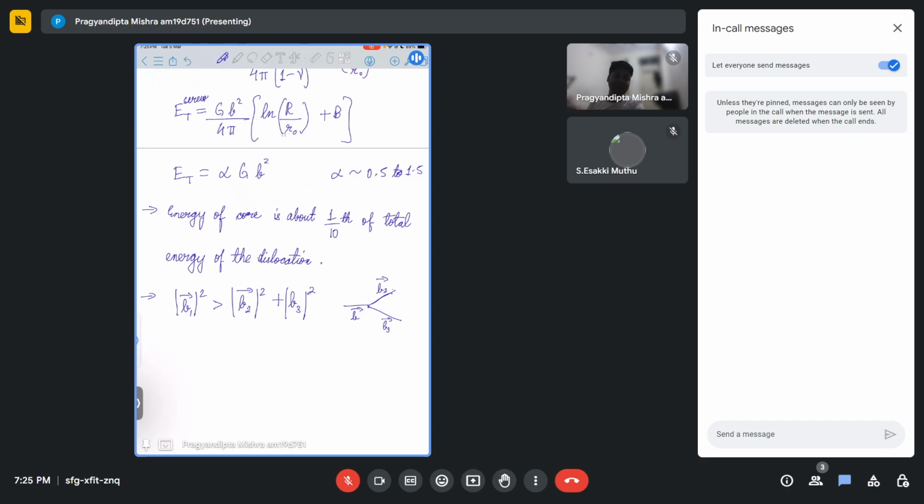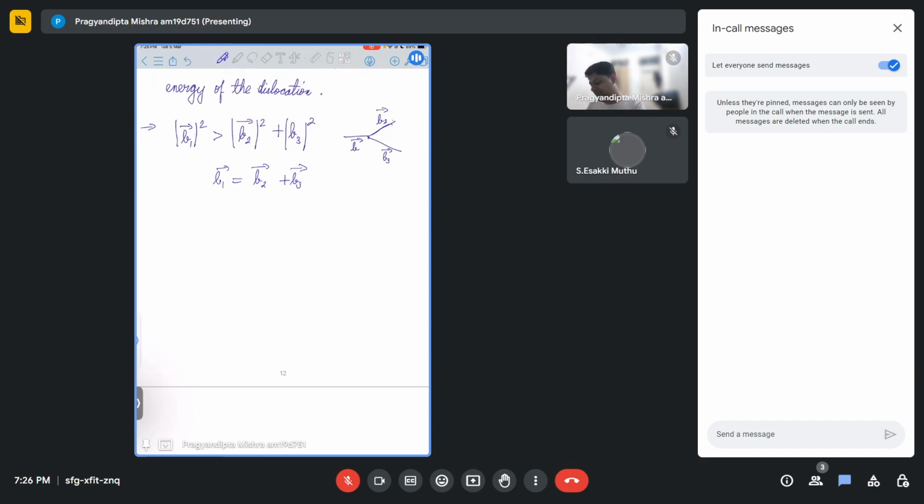However, like I've already mentioned previously, the branching can only be possible when the summation of the total Burgers vector is equal to 0. So the branching should happen in such a way that B1 should be equal to B2 plus B3. Okay, that needs to be conserved.